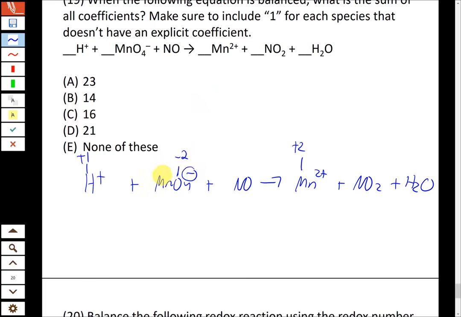The total needs to be -1, so that means it's got to be +7 for manganese. +7 minus 8 is -1. NO is fairly simple because oxygen is -2 in covalent compounds. Nitrogen would have to be +2 for those to add up to 0. And then NO2 we saw in the last one, so it's going to be 2 minus 2s for oxygen, which leaves a +4 for nitrogen. H2O shows up in a lot of these as +1 and -2 in every case.